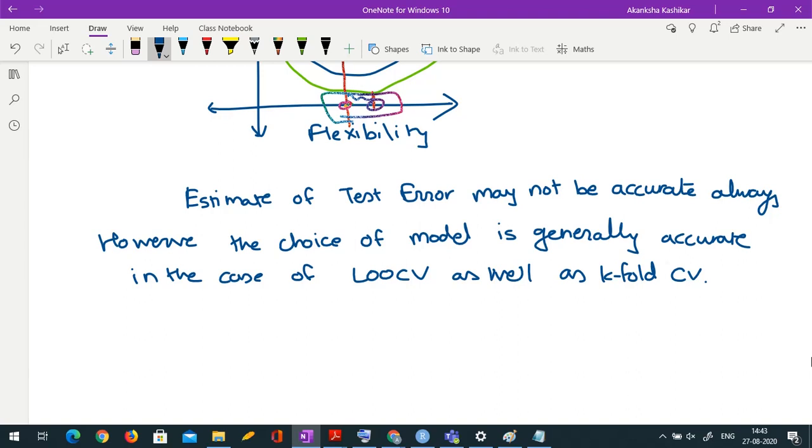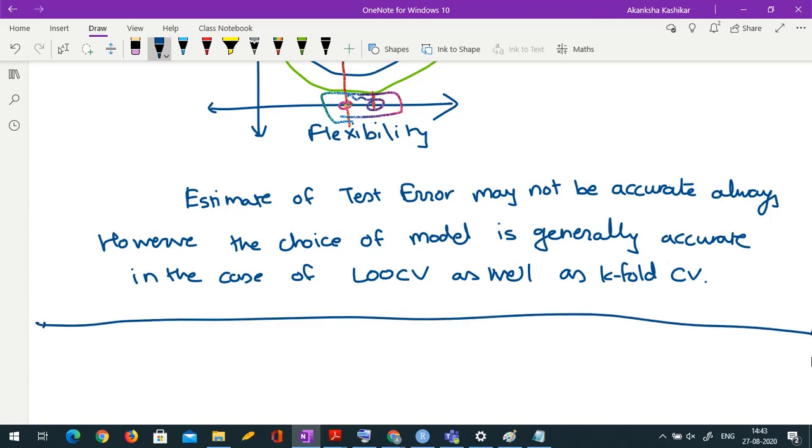Okay, so what I am trying to say is, even if the estimate of test error may not be perfect, these solutions are workable solutions. They can give you a decent choice of optimal model. Is it okay?